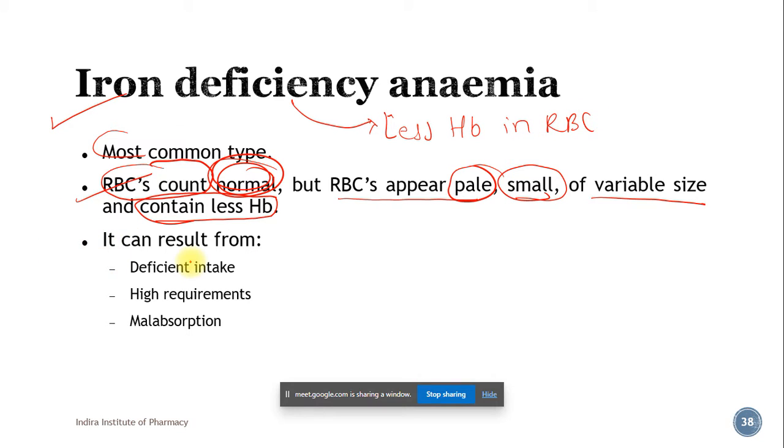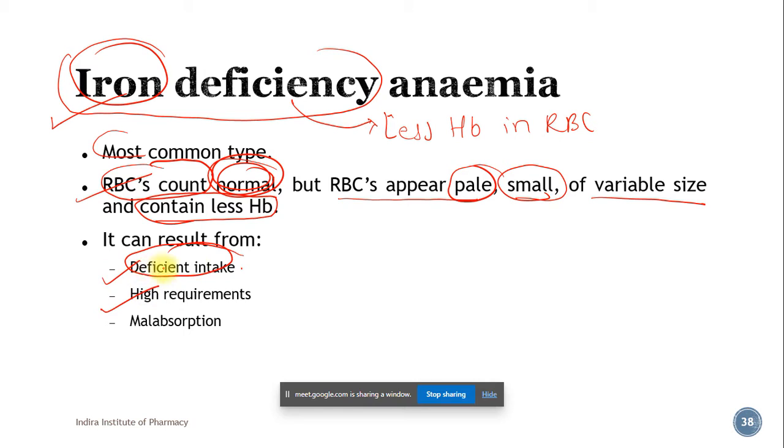Okay, so it can result from three reasons. That is deficient intake. That means, as it is saying, that is iron deficiency, so whatever food you consume, if it doesn't have enough amount of iron in it, that's why it is causing the iron deficiency anemia.